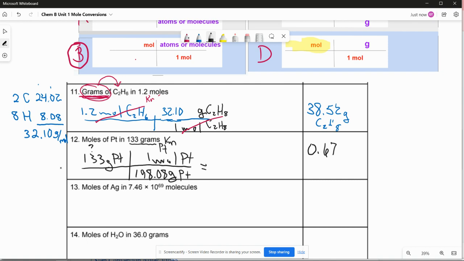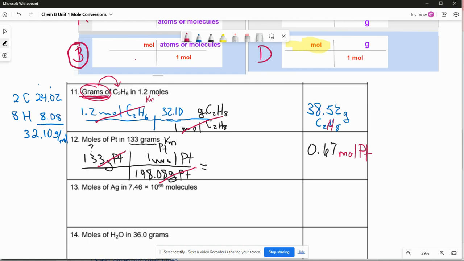Remember, we're very interested in how these units come out. That's part of what you are scored on, showing how these units work. The unit that is left is moles of platinum.